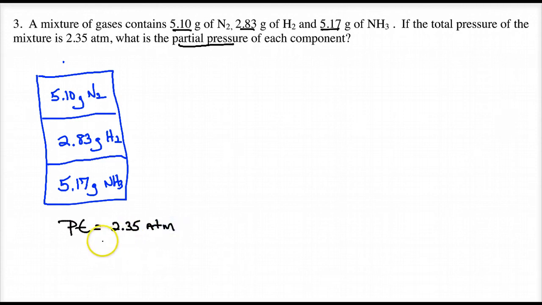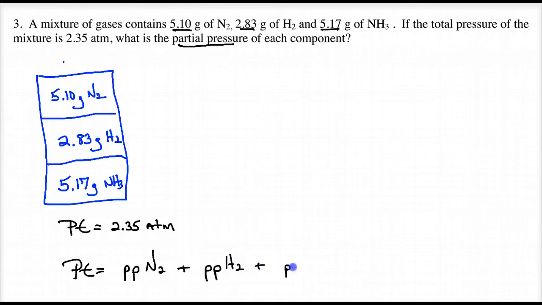If I take this total pressure and multiply it by a fraction, I can find the individual partial pressures, right? The partial pressure of N2, this partial pressure, and this partial pressure have to equal this. Remember, Dalton's Law is pressure total equals the partial pressure of N2 plus the partial pressure of H2 plus the partial pressure of NH3.